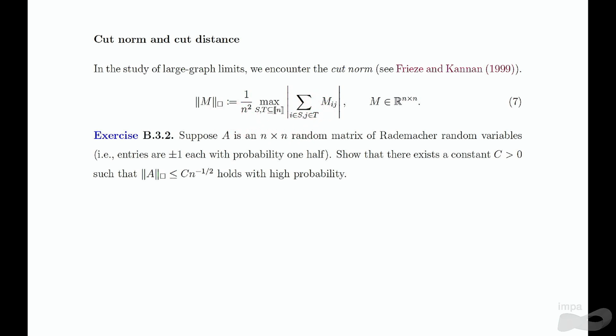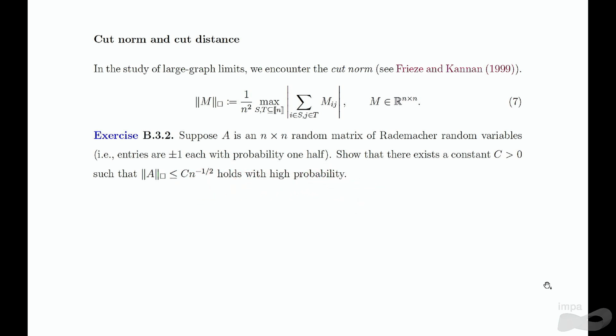Now one exercise is that for this norm, if we consider A to be a random matrix of Rademacher random variables, so plus or minus 1, each with probability 1/2, then we can show there exists a universal constant C so that the cut norm of this random matrix A is bounded above by something that looks like n to the minus 1/2 with high probability.